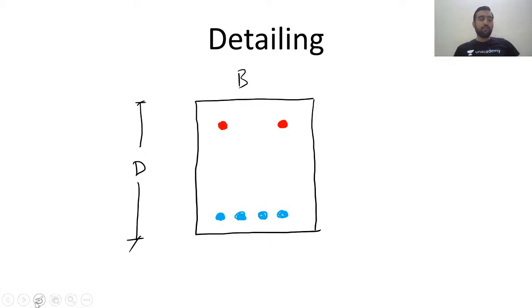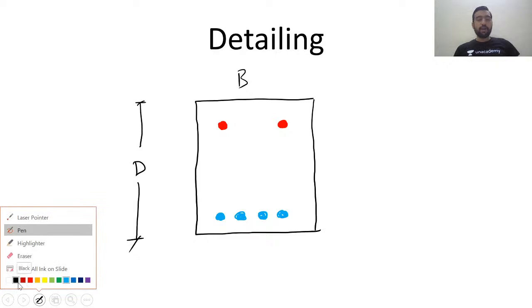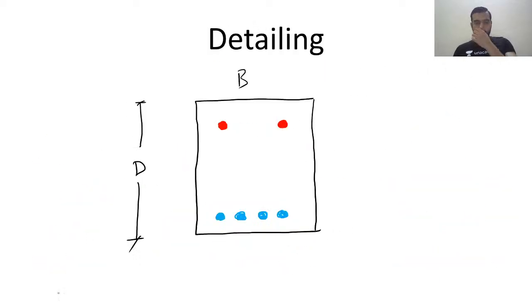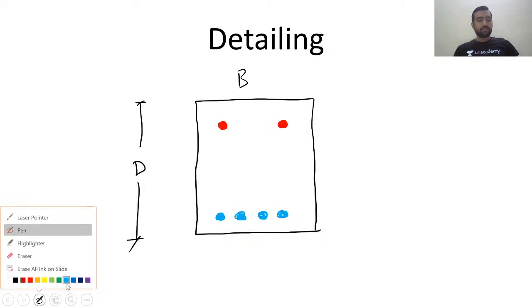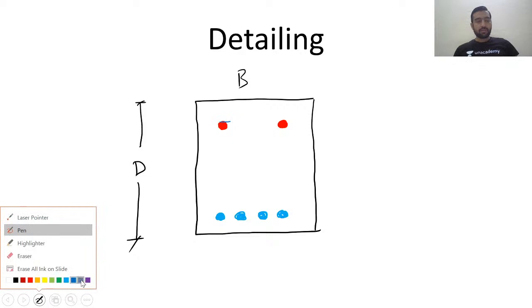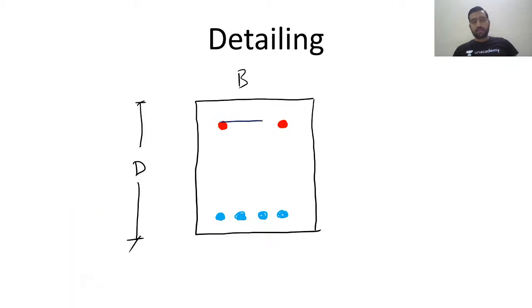Okay. Now what we have studied, we provided these shear stirrups. I will use the same color combination. It is your vertical stirrups, or you can say your shear stirrups.